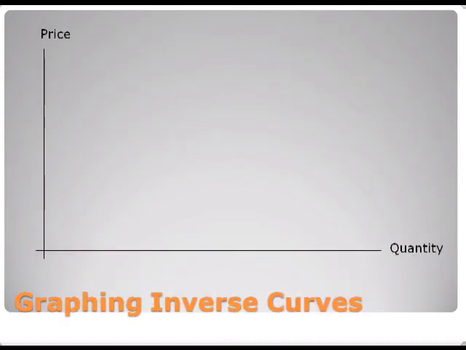We now turn our attention to the third and final skill, graphing the inverse supply and demand equations. We begin the process with a two-dimensional space with price on the y-axis and quantity on the x-axis. This should be familiar to you from principles of microeconomics. Let us graph the inverse demand curve first.